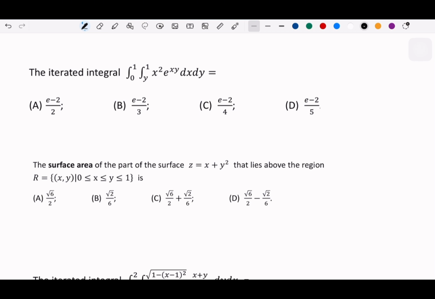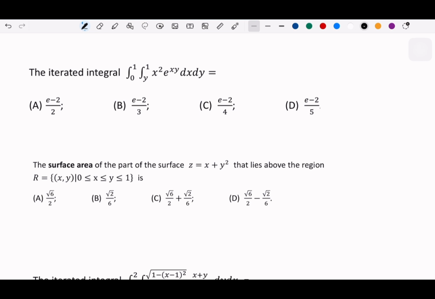So there's another perspective. The question is not asking you to integrate directly. It's asking what is a possible way to integrate this. You see that we have the x in both of these. Suppose that this is x squared, and then we have e with power of x, right? And then we are asked to integrate x first. But we know that in the double integral, we can change the order.